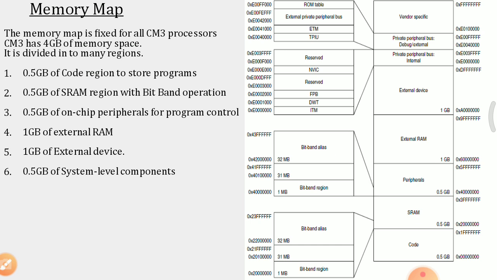This involves NVIC, FPB, DWT and ITM, as well as the APB, Advanced Peripheral Bus, which involves on-chip APB peripherals on this private peripheral bus.